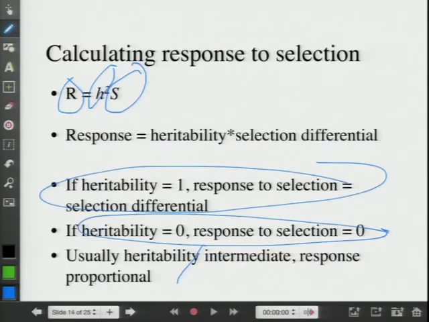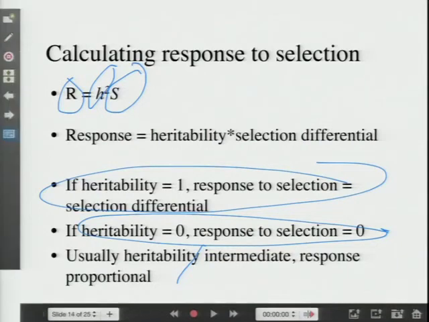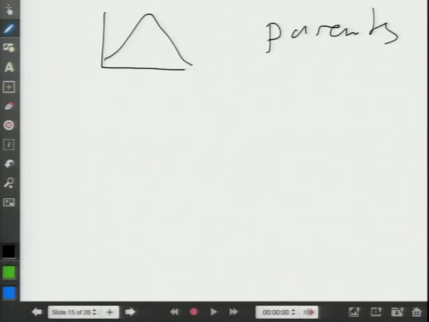Before we get to this, let's draw this out a little bit. What you have here is the parents. They have some phenotypic variation.